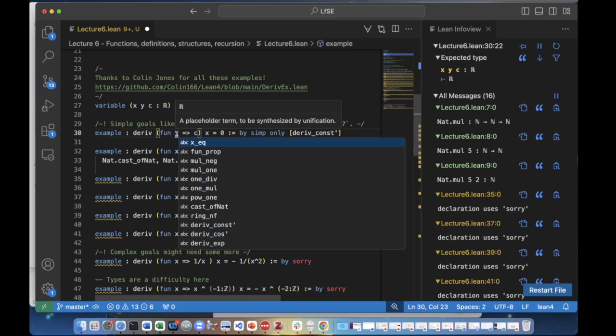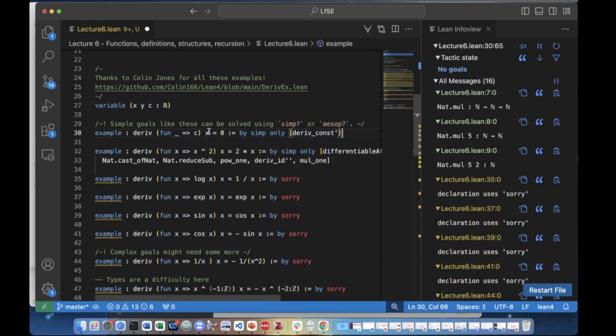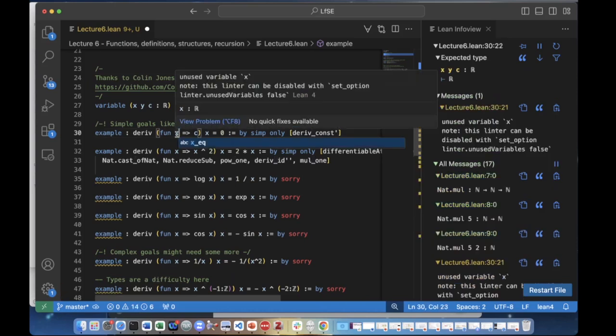Lean will figure out what this placeholder term should be as it compiles this code and works out whether it type checks or not. So sometimes Lean wants you to put things in here so it doesn't have these dummy variables hanging around. This is cleaner. You're saying, I know that the variable I'm putting here doesn't matter, as opposed to if you're putting x here, it doesn't matter, but you're maybe not understanding that.